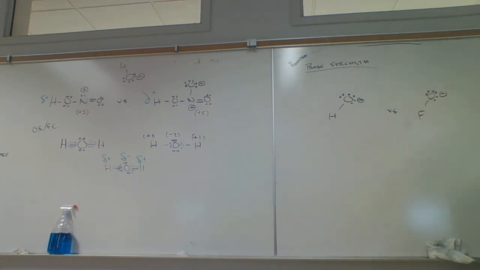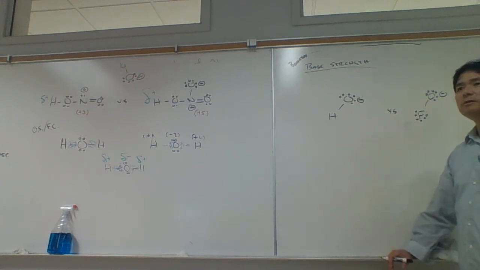This one would have a negative formal charge on the oxygen. Fluorine would be 0. Which one should be more basic, hydroxide or the FO minus ion? Yeah, actually, hydroxide should be more basic.